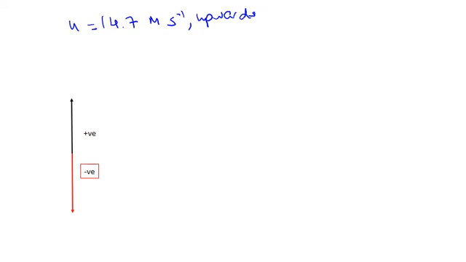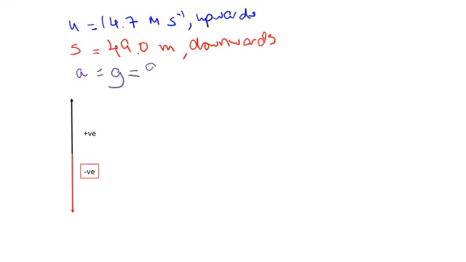We also have displacement of the wheel, 49.0 meters downwards. And the acceleration of the wheel, because it's in free fall, it will be subject to the gravitational acceleration of 9.80 meters per second squared downwards.